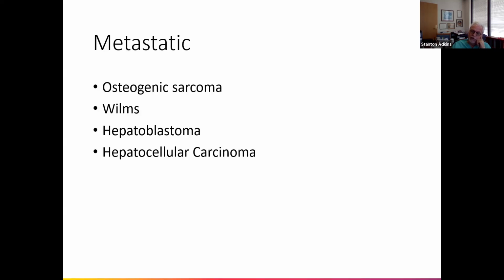Whereas with hepatocellular carcinoma, if you've got a few metastases and the tumor is resectable otherwise, you may actually want to go in and resect the lung mets, because without complete resection, hepatocellular carcinoma is not curable. Okay, so that's kind of it.